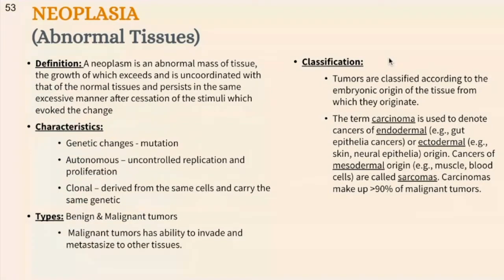And classification: tumors are classified according to the embryonic origin of the tissue from which they originate. For example, carcinoma is used to denote cancer that derives from endodermal or ectodermal tissue, and if it is mesodermal, from muscle or blood, we call it a sarcoma.